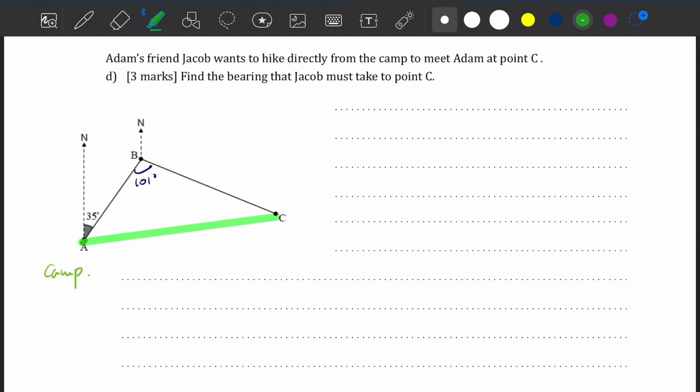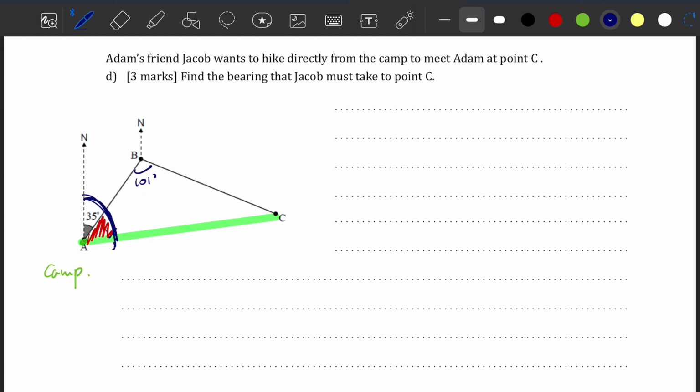So according to the question, we need to find the bearing from this true north line to this green line here. Okay, that means we need to find this total angle from the true north line.